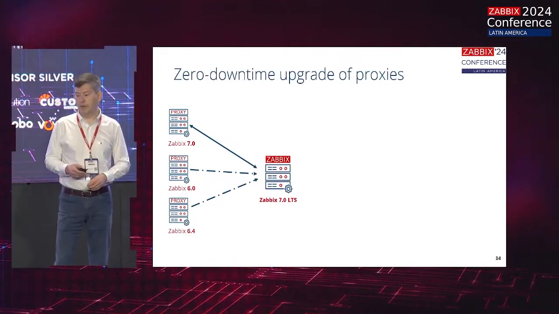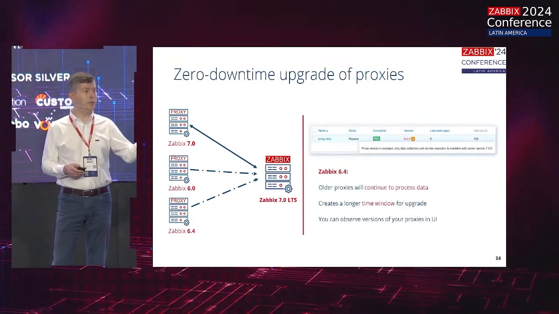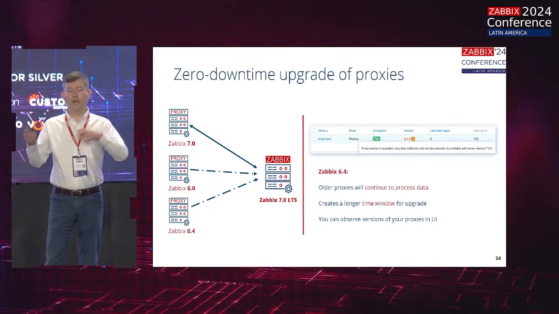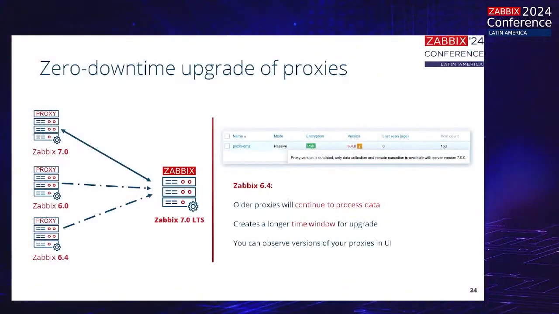What else? Zero downtime upgrade of proxies. That's what we introduced in 6.4, but I would like to remind you now because I think many of us want to migrate to 7.0. So remember, when you upgrade to 7.0, you have a much longer time window to upgrade your proxies because older proxies will continue to work. 6.4 proxies, 6.2 proxies, they will continue to send data. So you have much more time to upgrade your proxies.